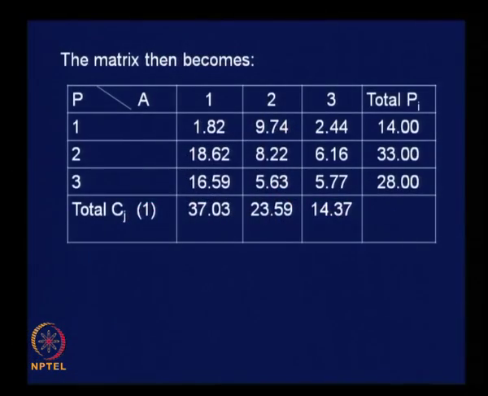In addition, please note that when you add the cell values along a row, you are not exactly getting the whole number that we have written in the last row. They are not adding up to exactly 14, exactly 33 and exactly 28.00.